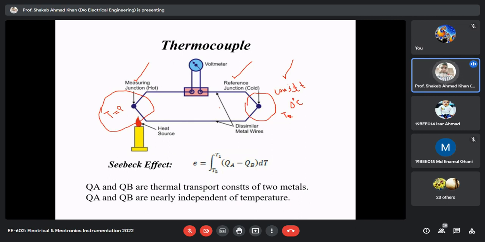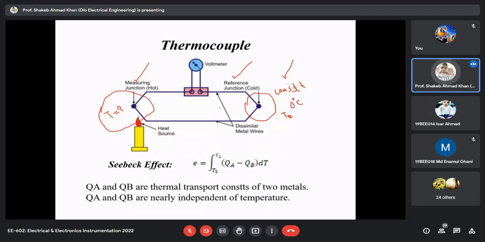Suppose if you want to maintain it at 0 degrees Celsius, then it is put in an ice bath. So it is your responsibility that you keep maintaining it at 0 degrees Celsius in the control room, wherever it is. Do you understand what I'm saying?